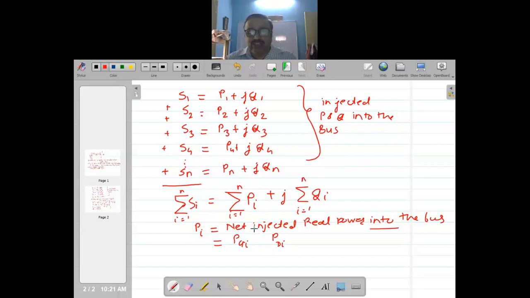So what will be the net injected real power which is being injected into the bus? Pgi is the power which is generated by the generator. Pdi is the power which is consumed at that bus. So what is the net injected real power into the bus? It will be equal to Pgi minus Pdi, right?